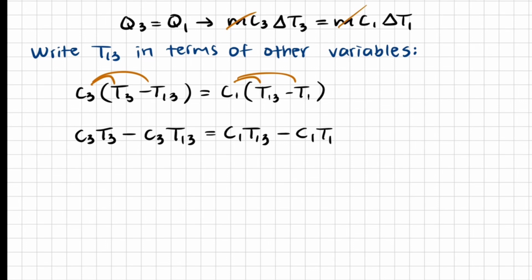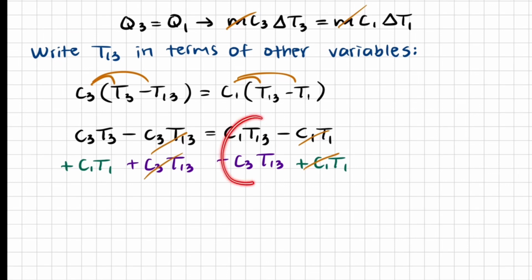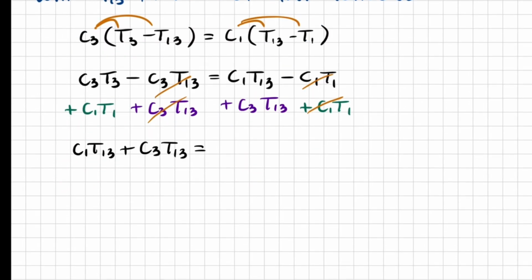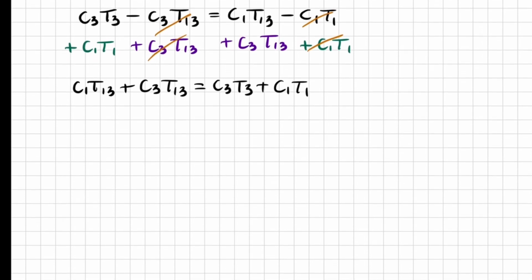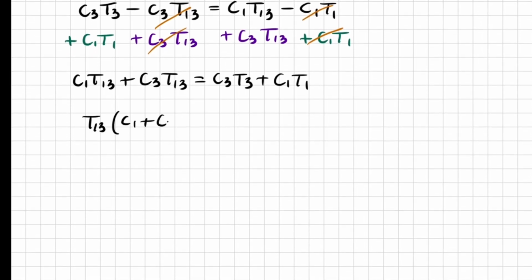We're looking for T13, so I'm going to move this to this side and then this one to that side. My goal here is to have all my unknowns, which is T13, on one side and everything else on the other side. Now let's factor out that T13 and let's divide by those heat capacities.